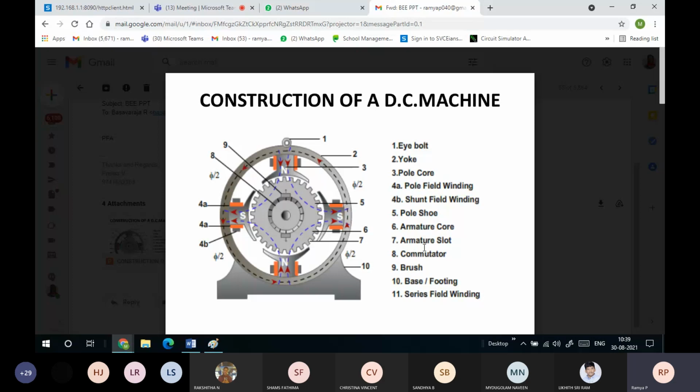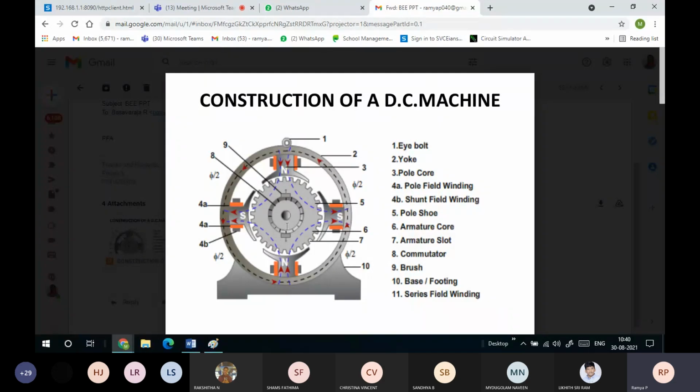You should understand the armature core: you can see the teeth, a gear-like structure, in a circular fashion. This is your armature core. See, the number 6 indicates the armature core, and the armature slots are the teeth-like structure on that armature core.